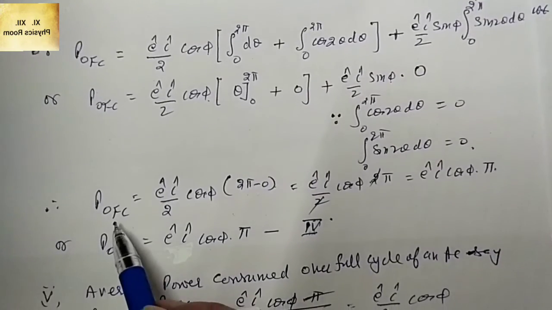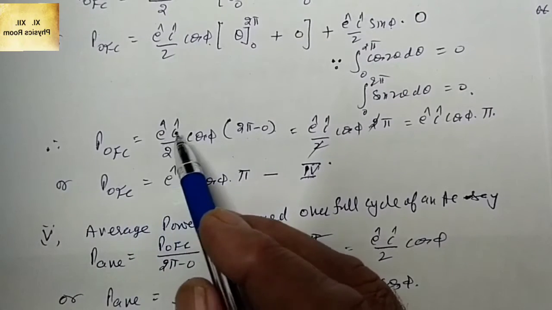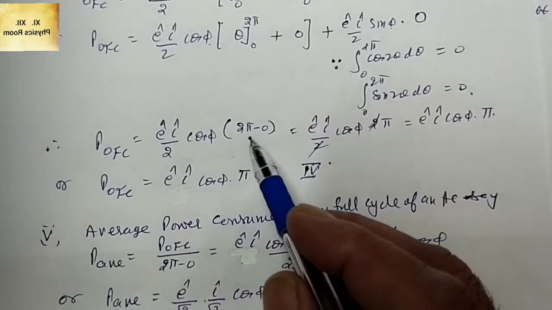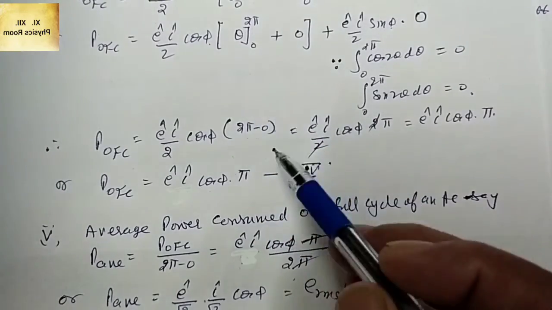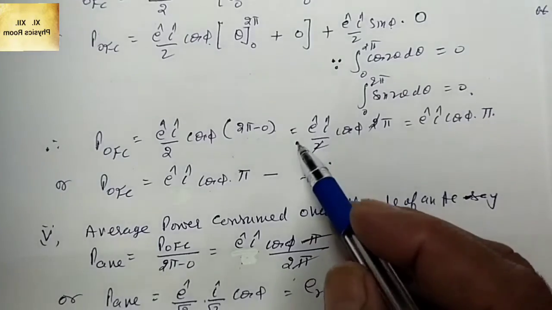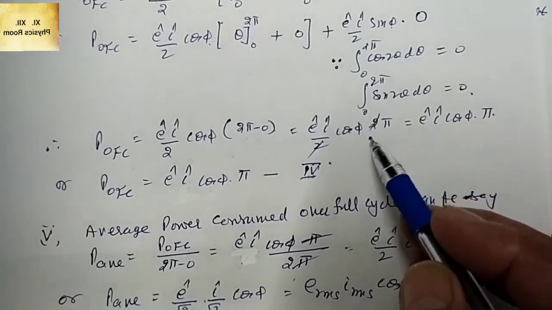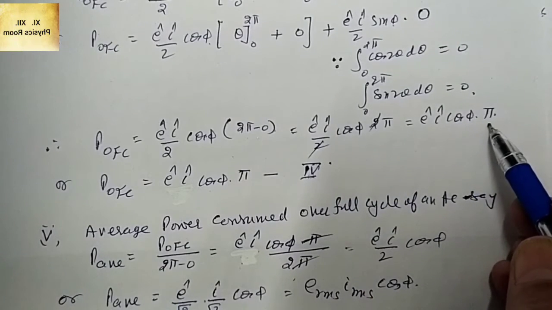Or we write power over full cycle of an AC is equal to E max I max by 2 cos phi into (2 pi minus 0). Here, upper limit minus lower limit. And it is equal to E max I max by 2 into cos phi into 2 pi. So 2 cancels. We are left with E max I max cos phi into pi.